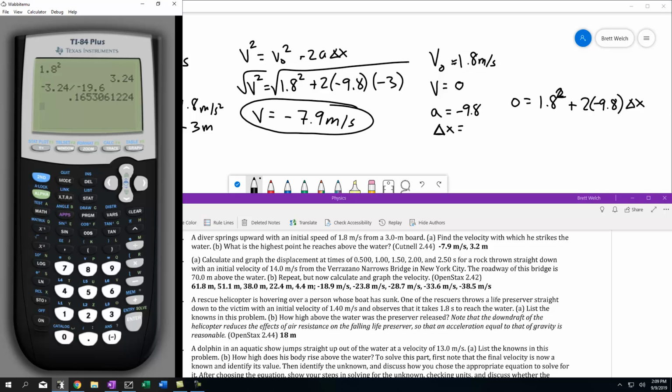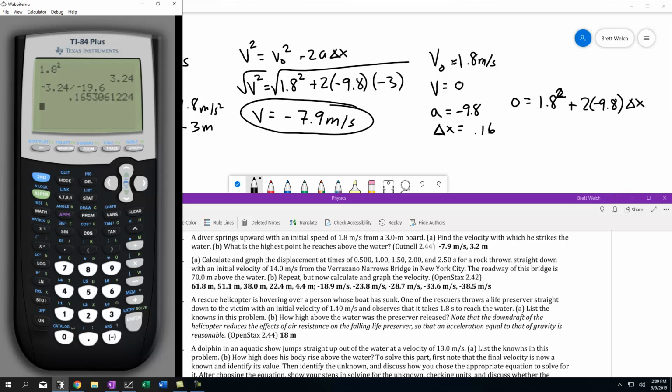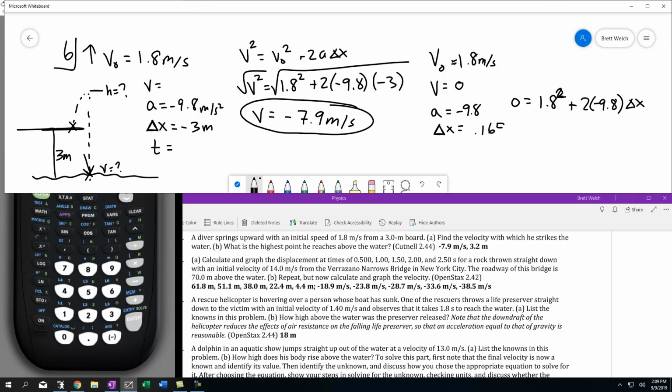Let's see. We square the 1.8, that's our V naught. Our final velocity should be 0. 2 times the acceleration. Where's the highest point? Oh, above the water. Well, we have to remember this is 0.165 meters above 0.